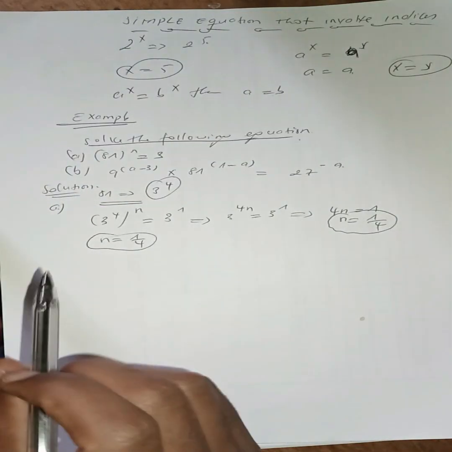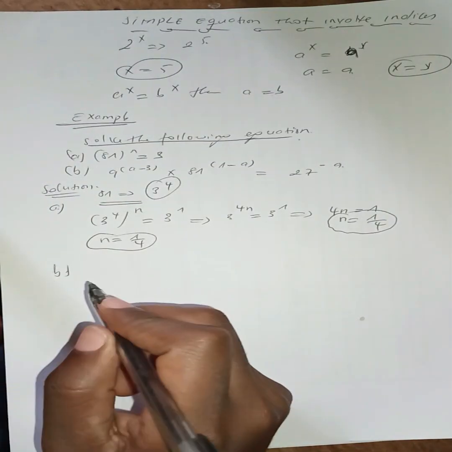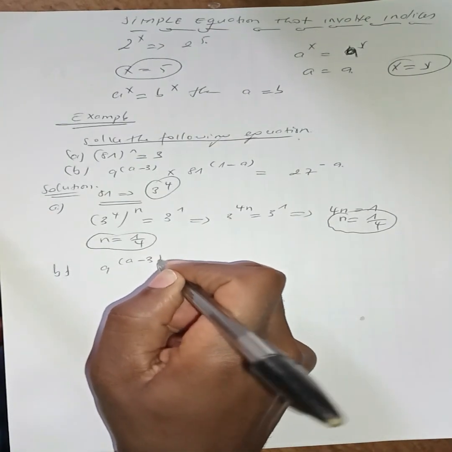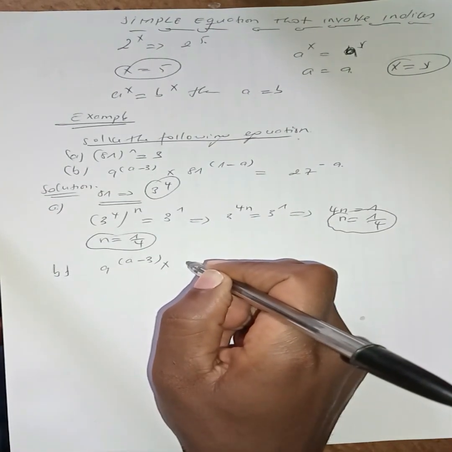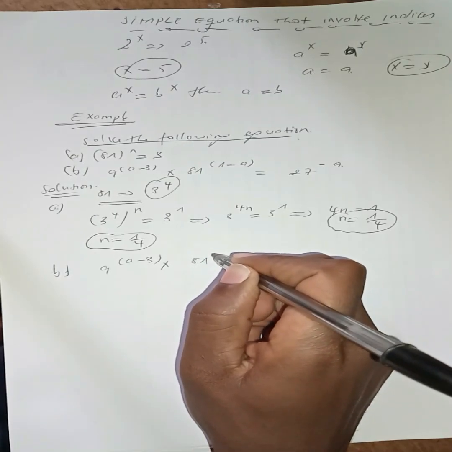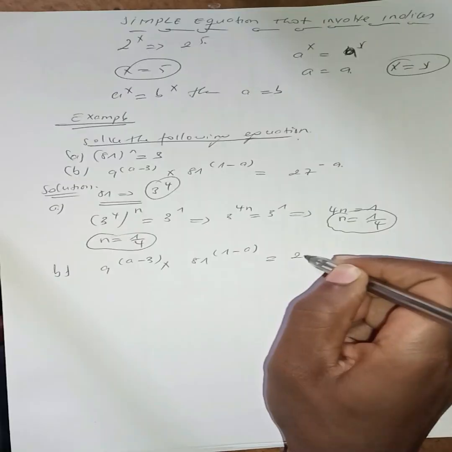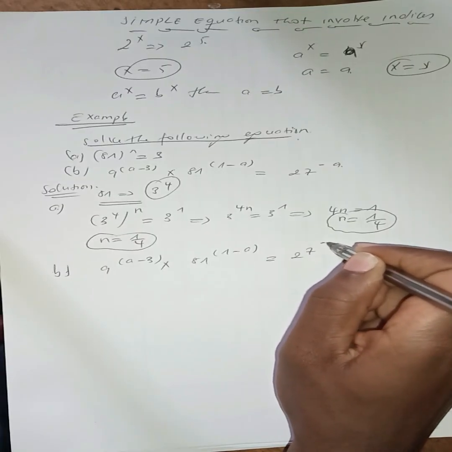Then for B, we have 9 power a minus 3 times 81 power 1 minus a, which is equal to 27 power negative a.